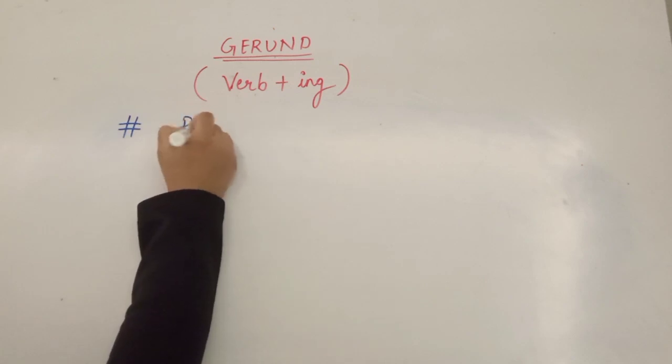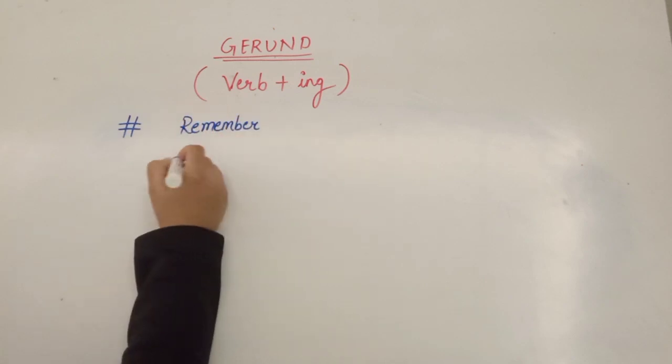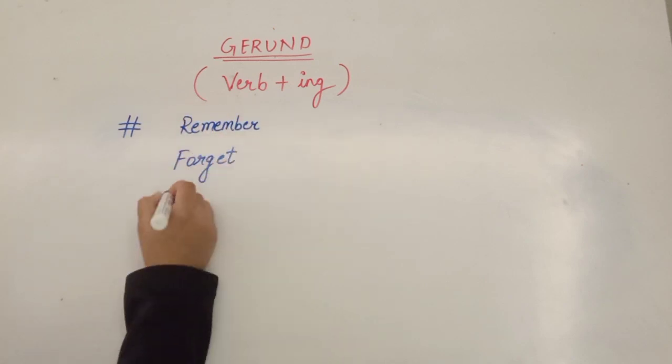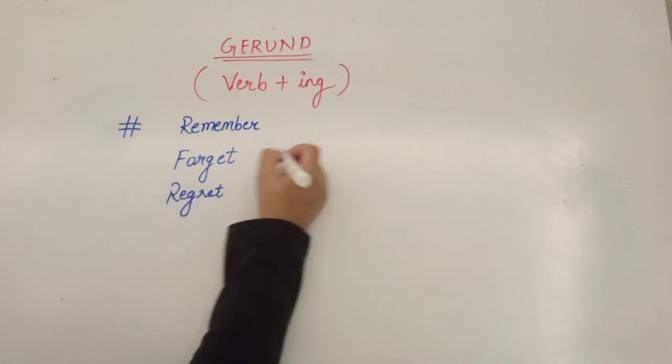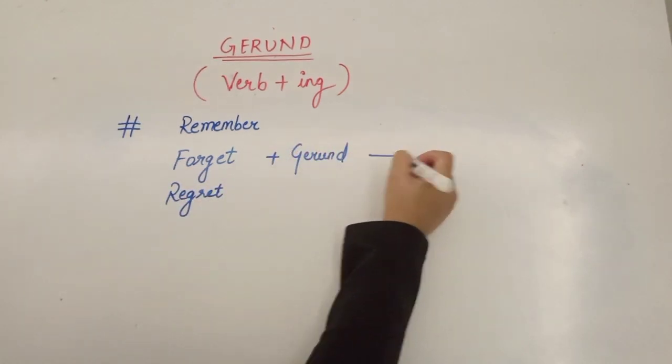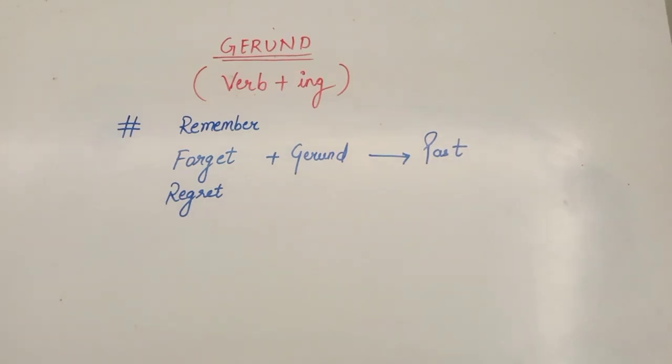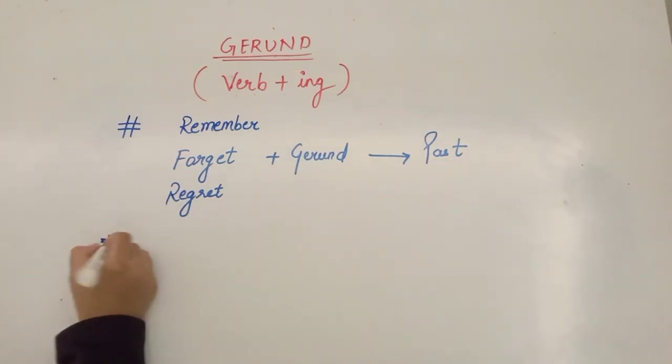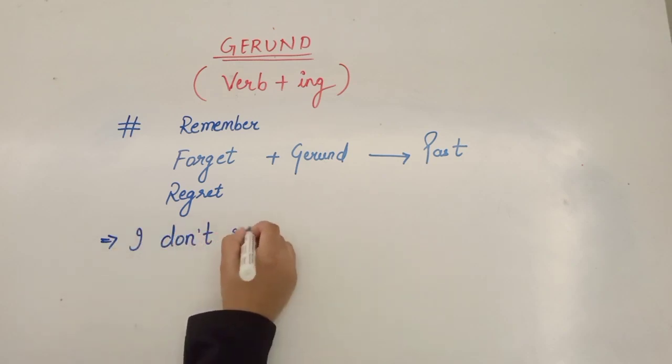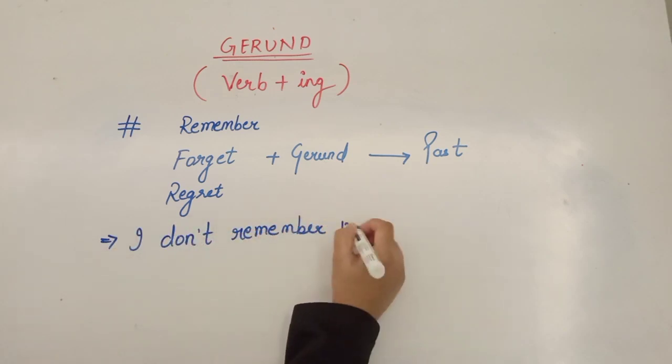So the first point to remember is that whenever you are using verbs like remember, forget or regret, and after that a gerund is used, it always indicates past actions. For example, I don't remember posting a letter.